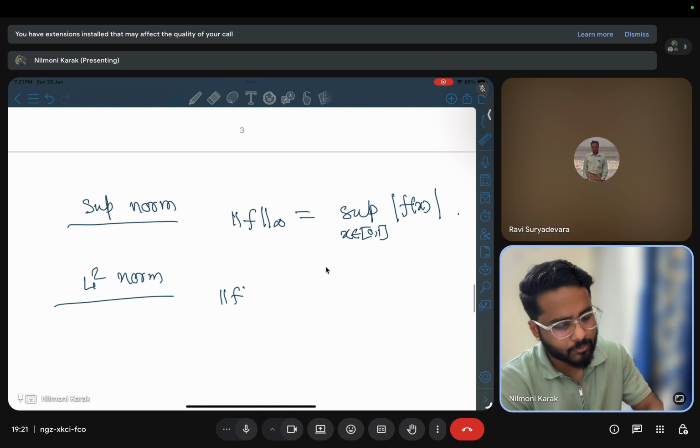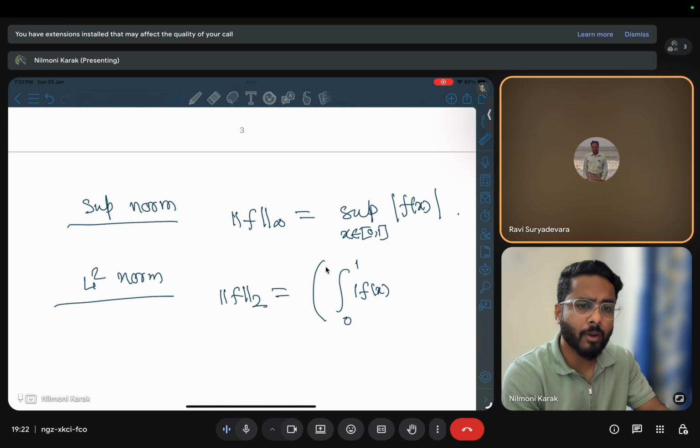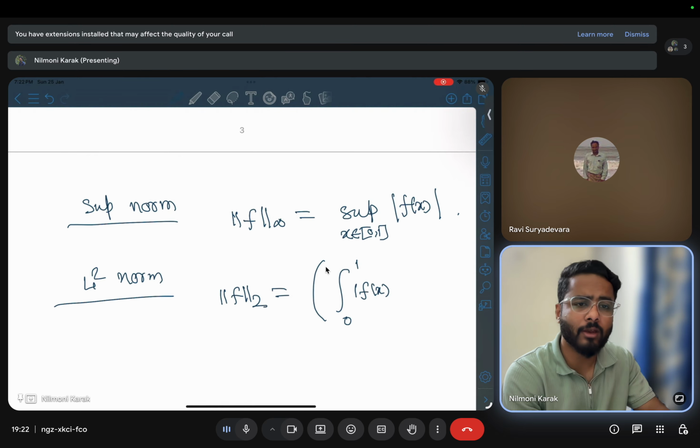And the L2 norm is basically the integral from 0 to 1. What is sup here? Supremum means supremum, not exactly the maximum, so there are some differences.